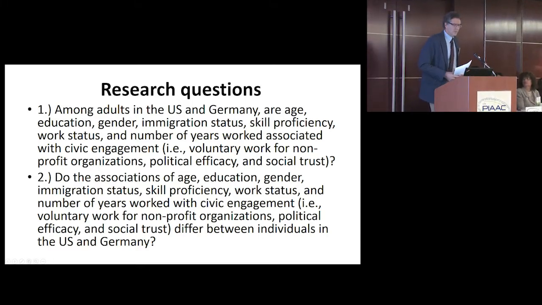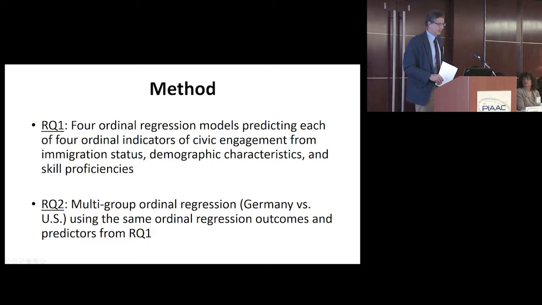Okay, so for this analysis we used the 2012-2014 public use data file, and to answer our research questions, we did regression models treating our outcome variables as ordinal, as they indeed were, and predicting these ordinal indicators of civic engagement from immigration status, various participant demographic characteristics, and the PIAAC skill proficiencies.